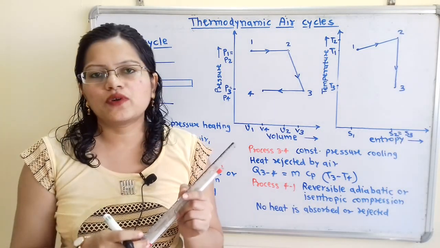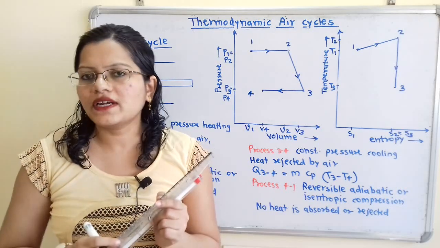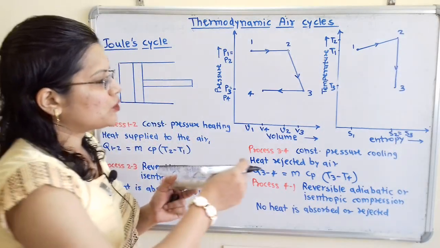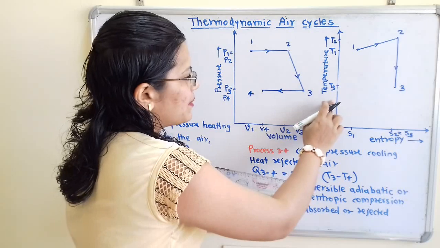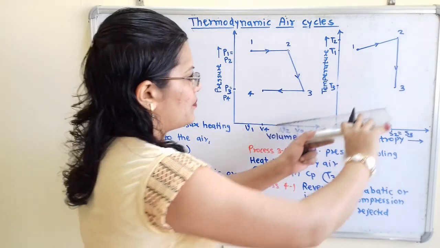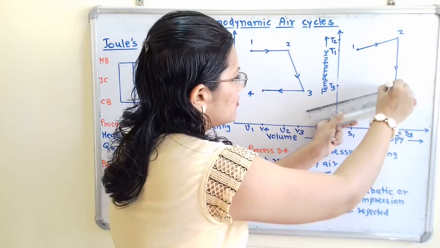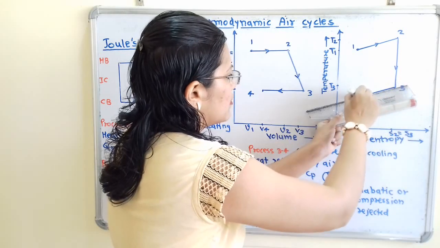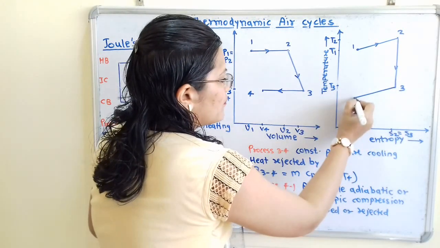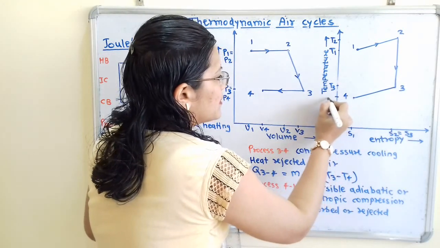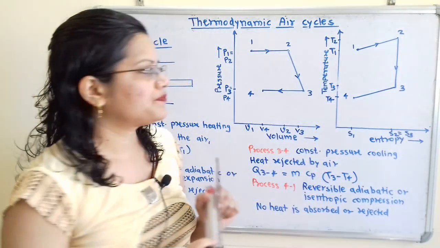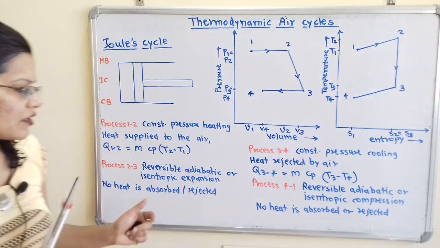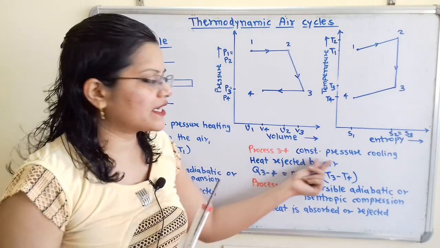When the cooling process is taking place entropy decreases. So we have to show here both, decrease in temperature and decrease in entropy. So I will show here. This point will be point 4 and here will be temperature T4. So here heat is rejected by the air.